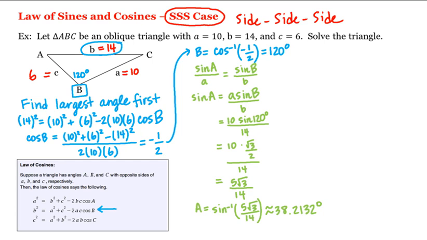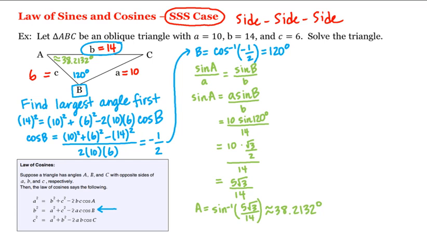And since B is already obtuse, there's no way that obtuse possibility for A would work. Because remember, there can be at most one obtuse angle in a triangle. Therefore, A is this 38.2132 degrees. So let's write that in our figure up here. A is approximately 38.2132 degrees.